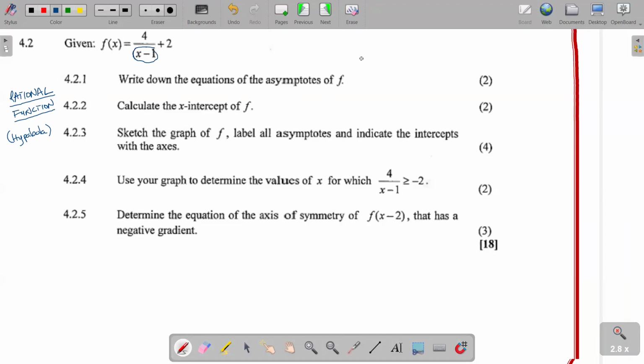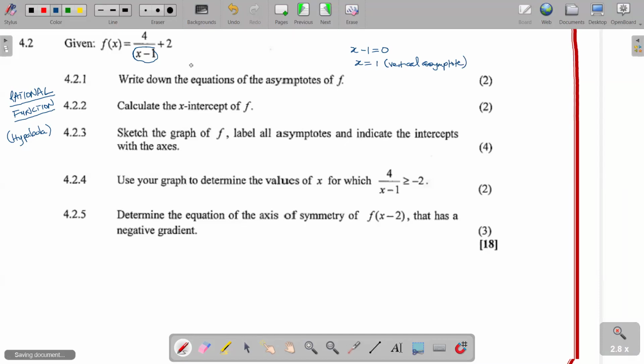So we are going to have x minus 1 equal to 0. This equation reduces to x equal to 1, and this is x equal to a constant. This is a vertical asymptote. It's a vertical line.